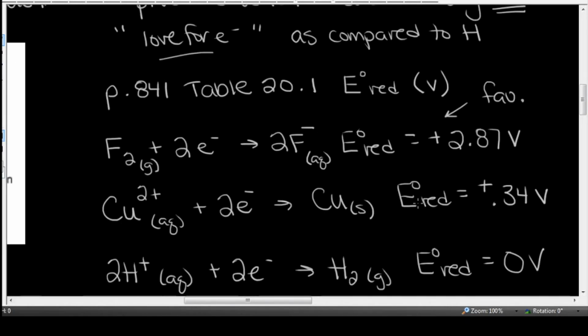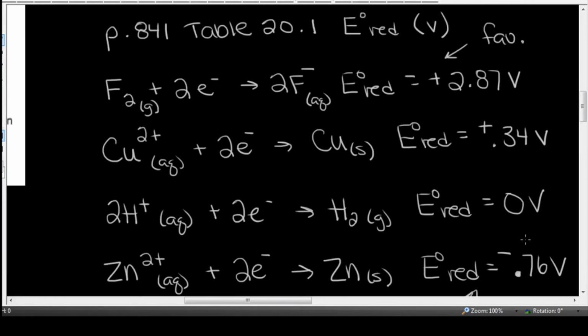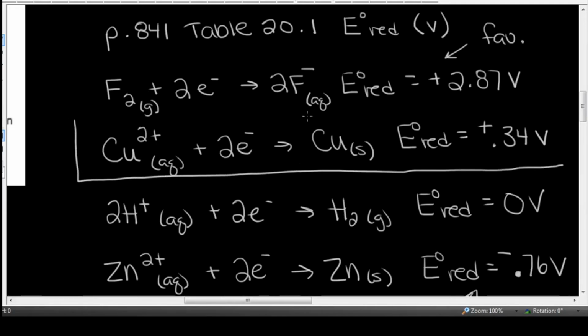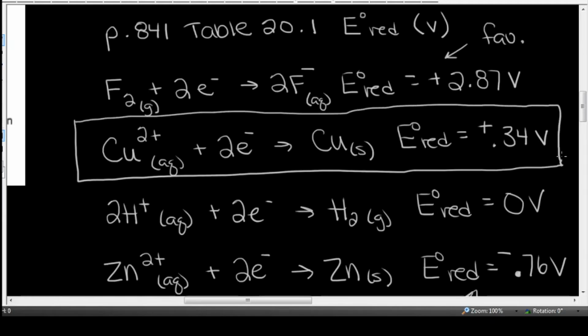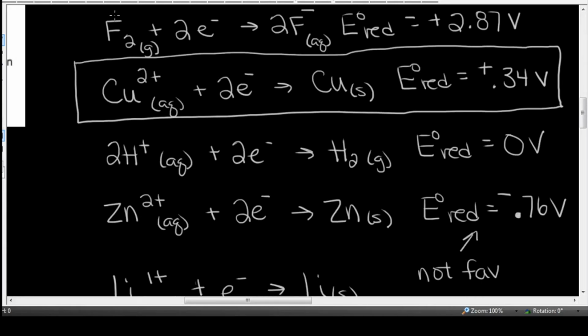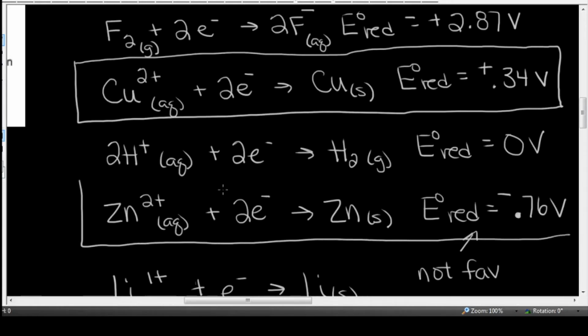And so what an electrochemical cell will do is take advantage of the fact that copper, this reaction here, that copper ions really want electrons as compared to zinc ions, which don't really want electrons.